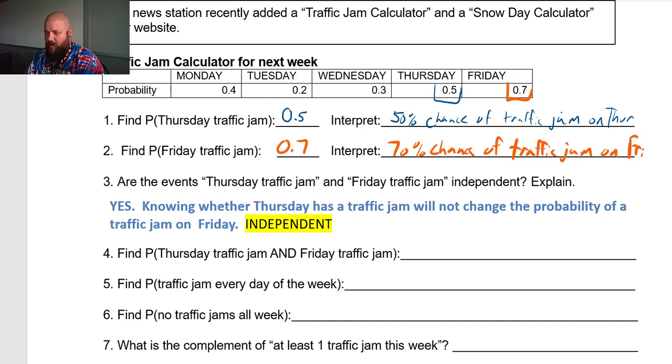So moving on, number 4 here, the probability of a Thursday traffic jam and Friday traffic jam. This is where it comes into our rule that we just came up with, okay?